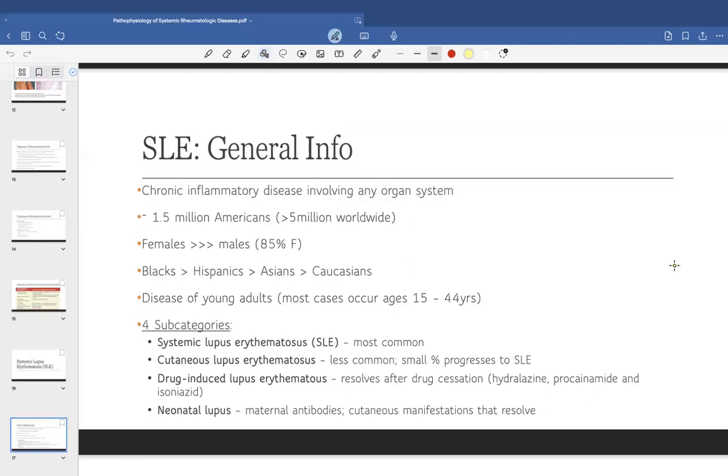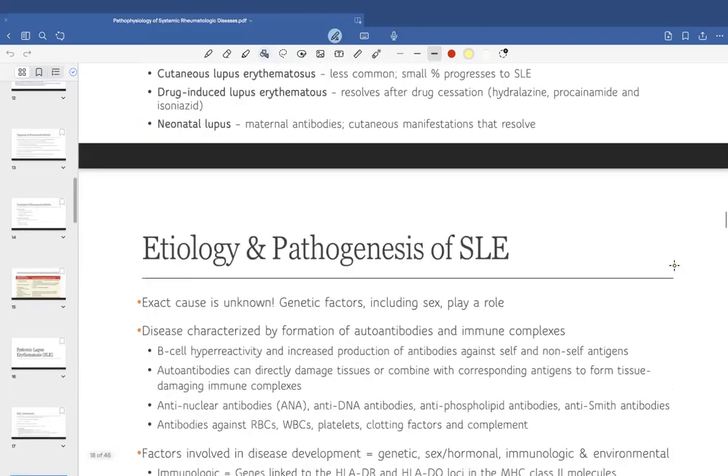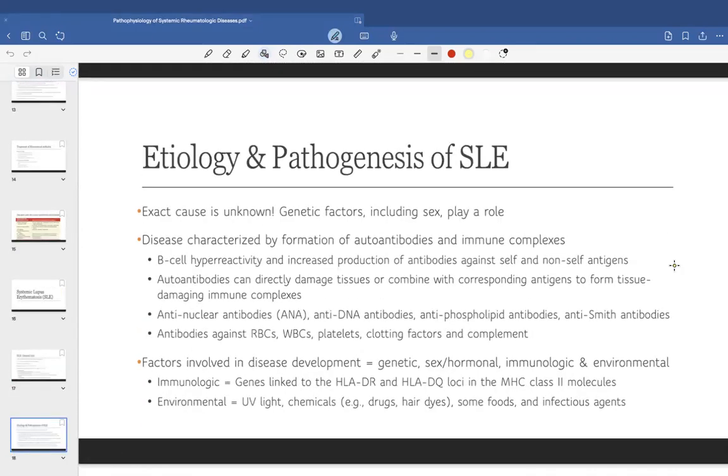The exact cause is totally unknown, definitely multifactorial, and genetic, with sex playing a key role, obviously, with 85% being female. Now, this one's a little bit different in that instead of T lymphocytes, this is B cell hyperreactivity and an increased production of antibodies against both self and non-self antigens.